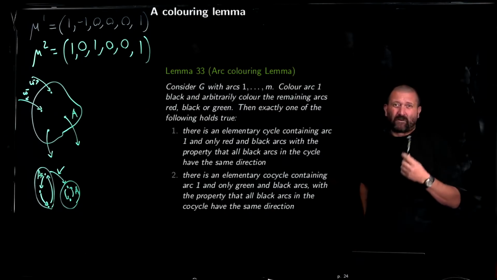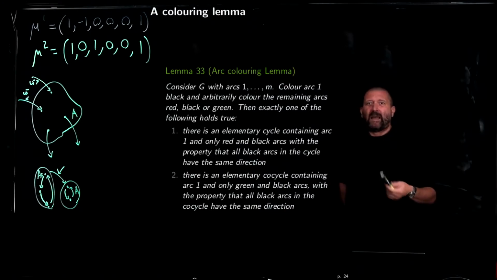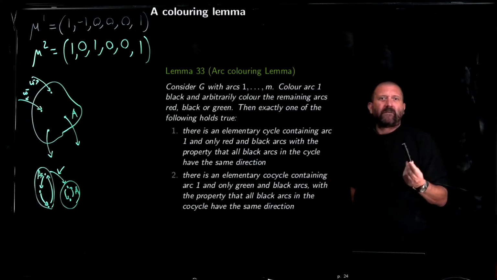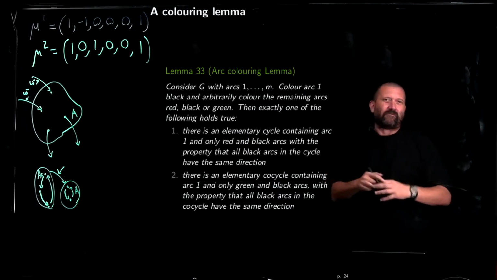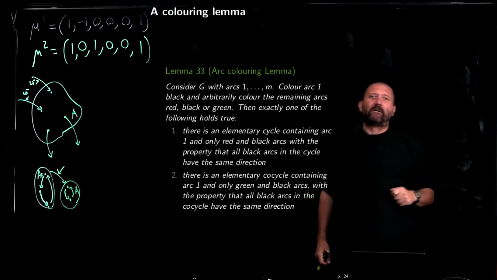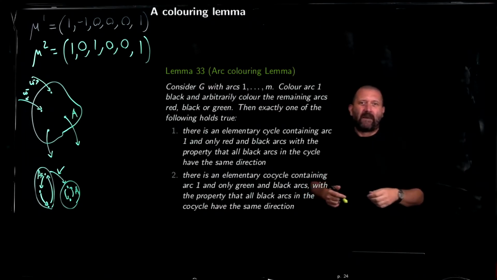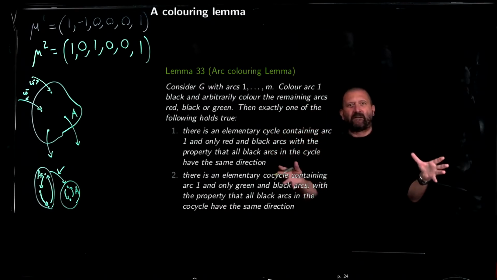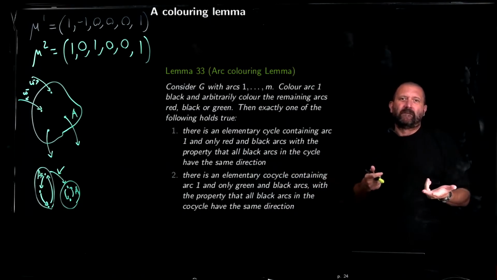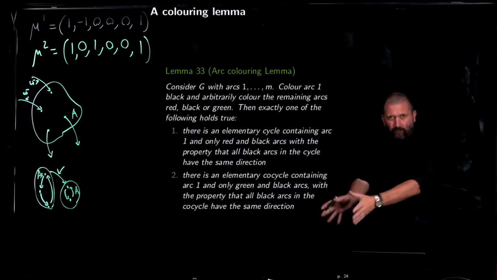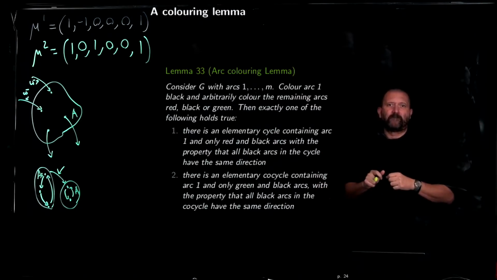So if I have a graph with arcs from 1 to m, and I color, this is something we do a lot, okay? We color an arc, so we just say, let me paint that arc black. And then I take the remaining arcs and I paint them red, black, or green. Then one of the two following things can happen.